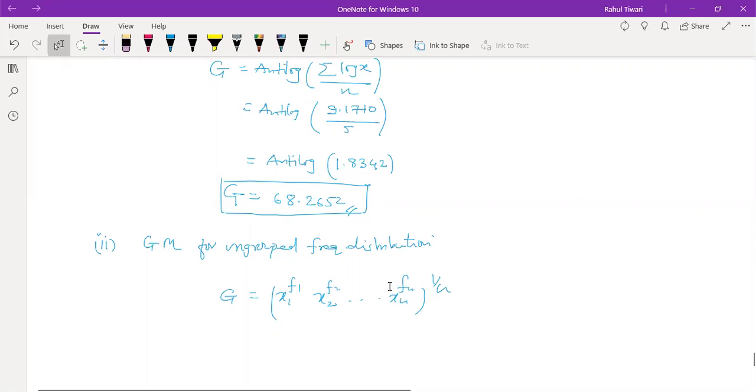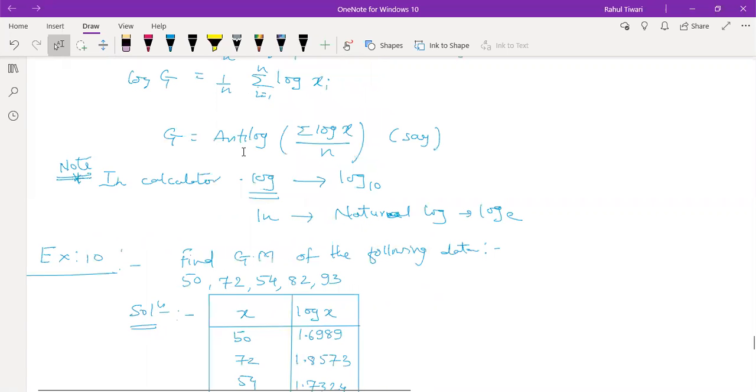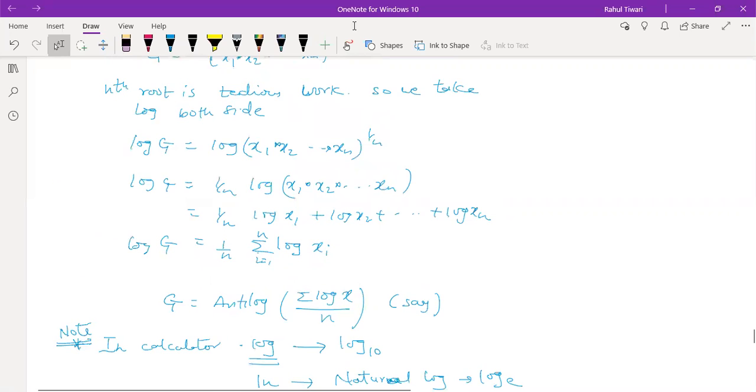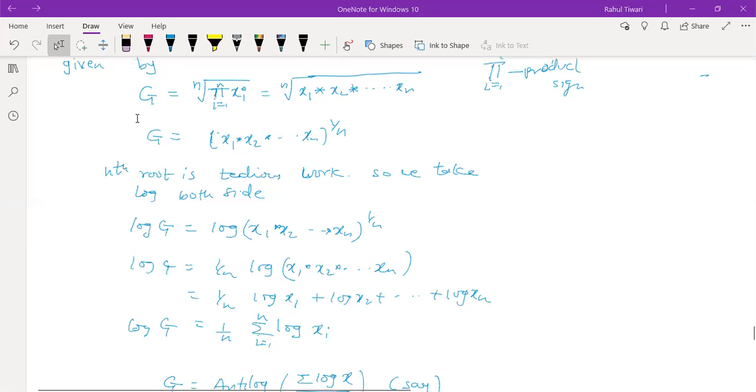Again I'm mentioning here, if you look at the screen, in the earlier formula x1 is repeating one time, x2 is repeating one time, like that.